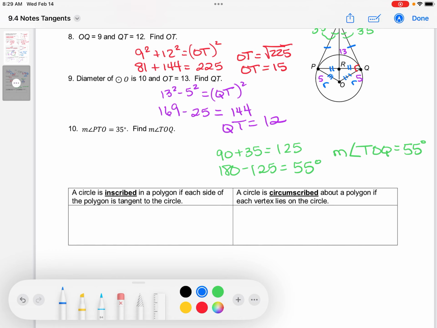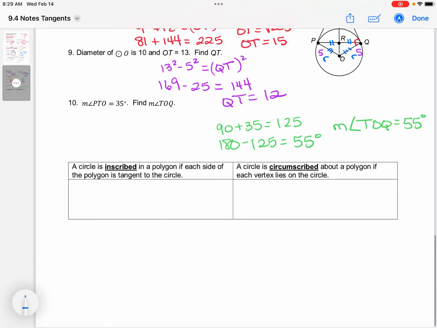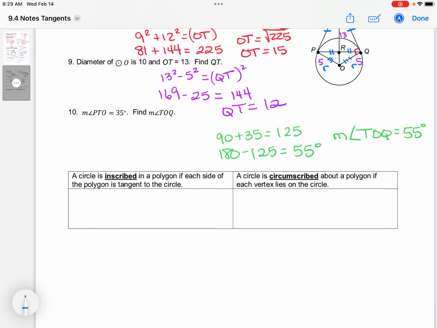All right. And the last really fun thing to draw. A circle is inscribed in a polygon, so the circle is inside, and each one of the lines is tangent to the circle. So let's try this and see if I can do it. I could do a triangle, I could do a square, there's a triangle.